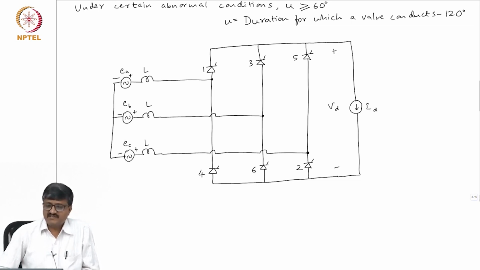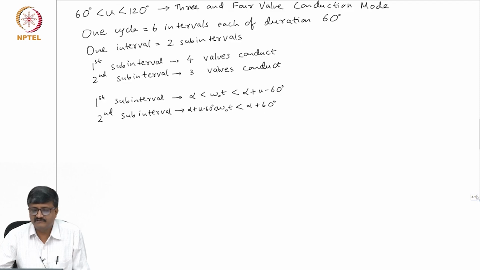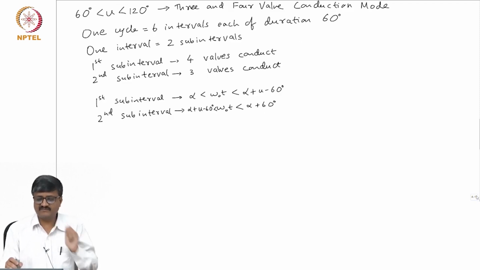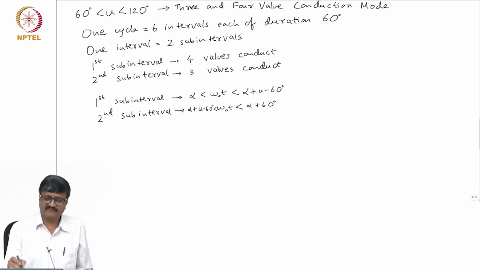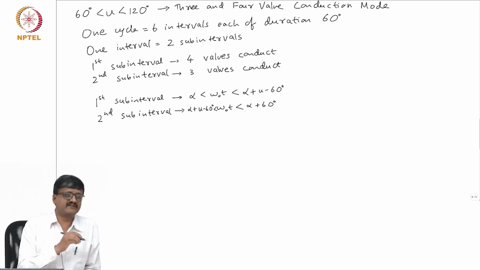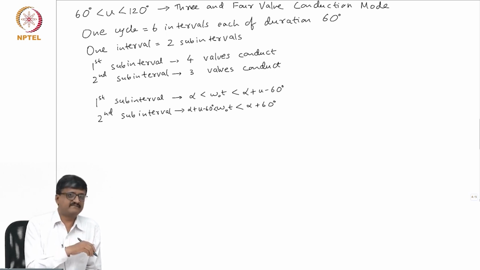Now, which valves conduct in the first subinterval? See, look at the definition of the first subinterval. The first subinterval is from alpha to alpha plus U minus 60 degrees, in which 4 valves conduct, and alpha is the instant at which valve 3 is turned on. So, valve 3 is turned on and 4 valves are conducting, meaning 3 are already conducting.